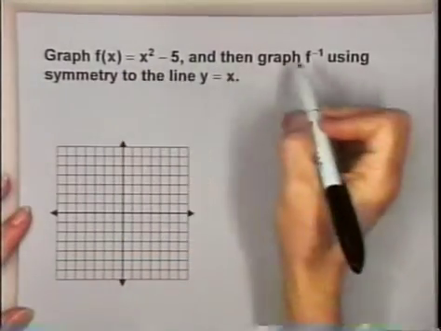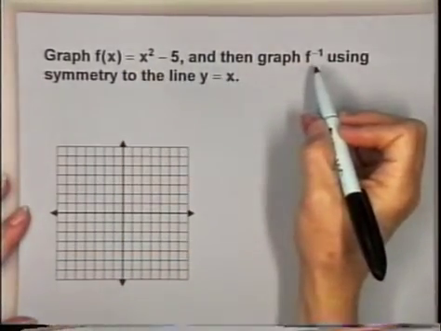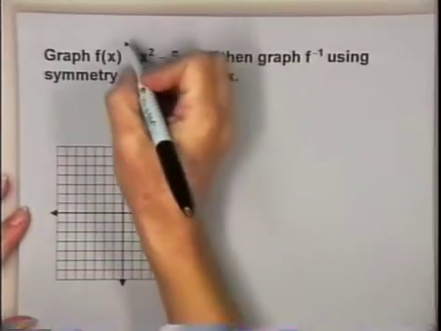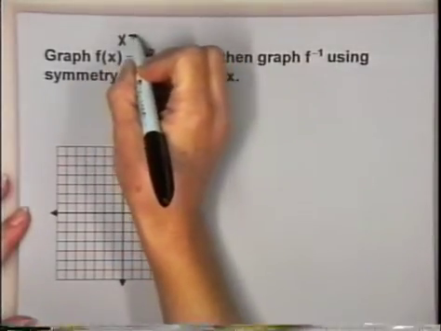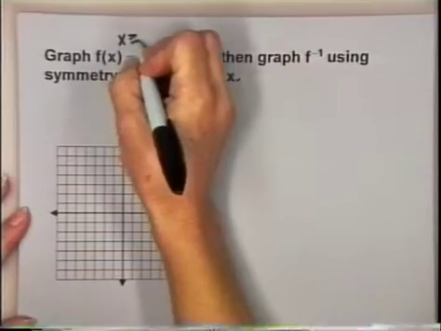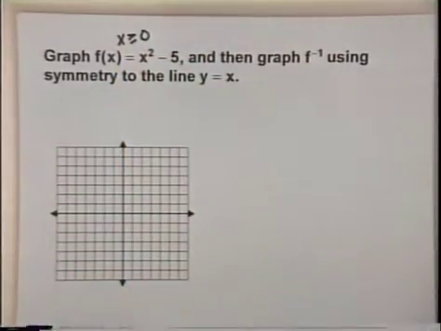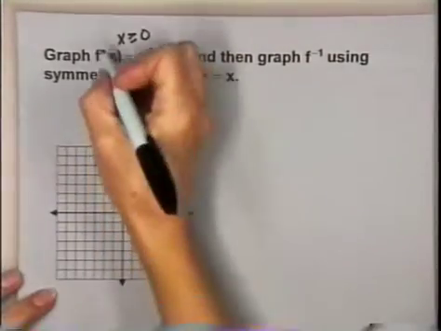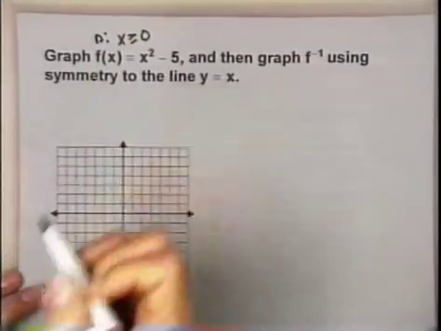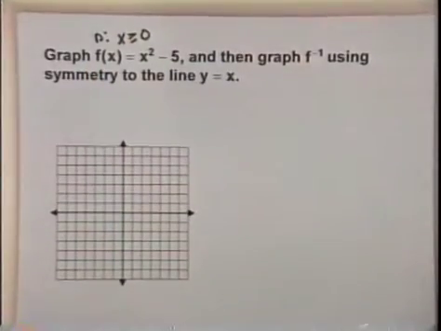So in this form, it doesn't have an inverse. So what I'm going to do is restrict my x values. I'm going to let my domain of function f only contain those values of x that are greater than or equal to 0.